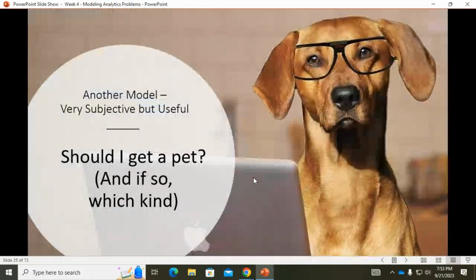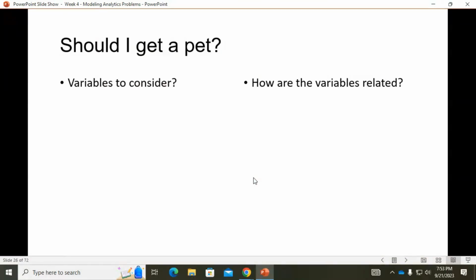Okay, so just to hopefully stimulate some discussion amongst yourselves, let's take another example. Let's try to develop a model for determining whether or not you should get a pet. So the question is, should I get a pet? Let's just leave it at that for now. Don't worry about which kind.